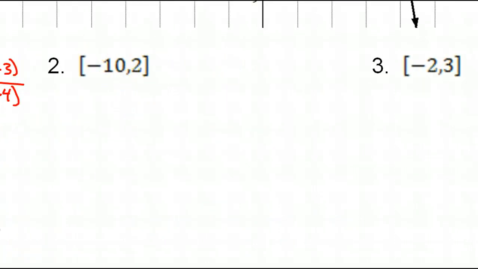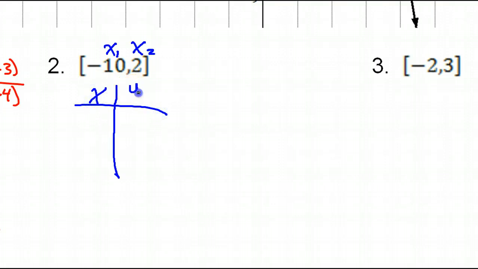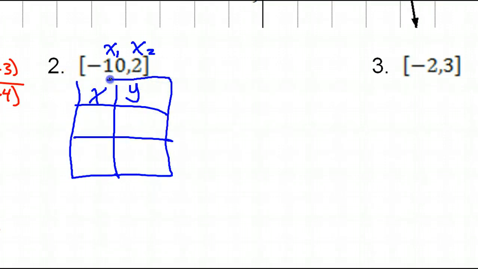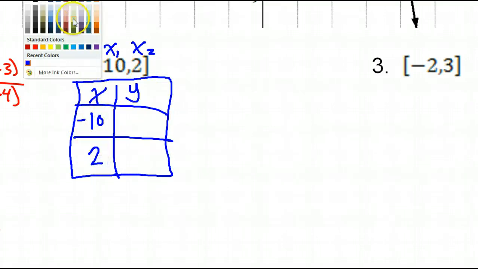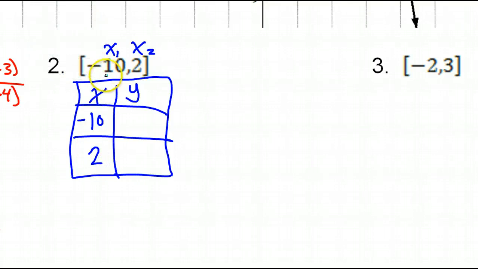Okay, so we have these x values. This is x1, this is x2. Let's make our xy table. We have -10 and we have 2. So let's go to an x value of -10 and see where the function is.